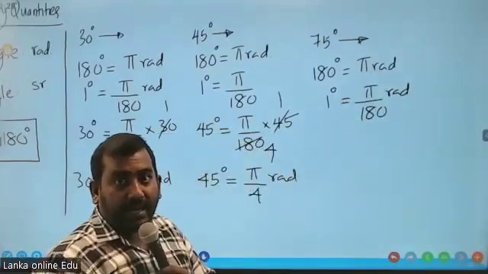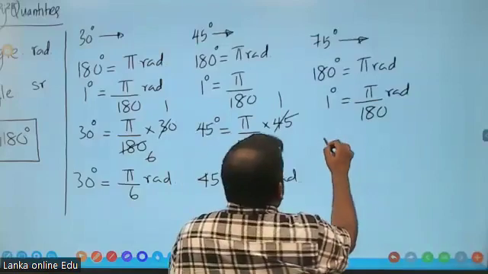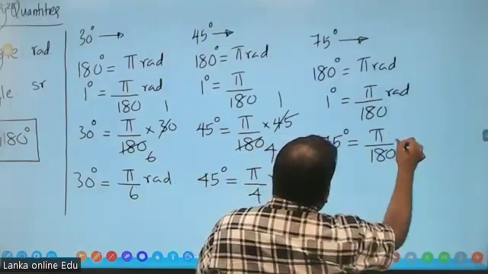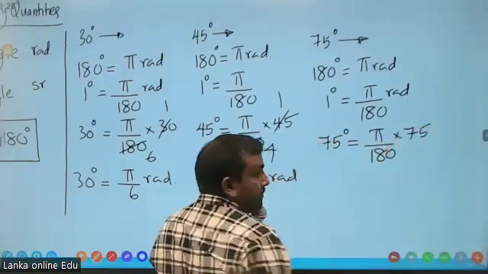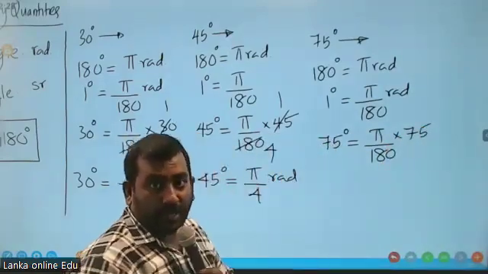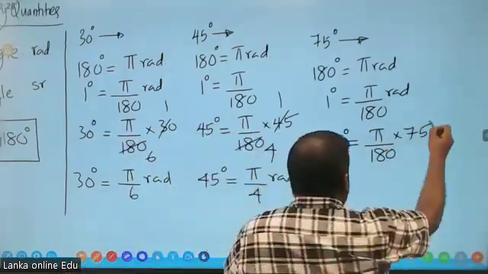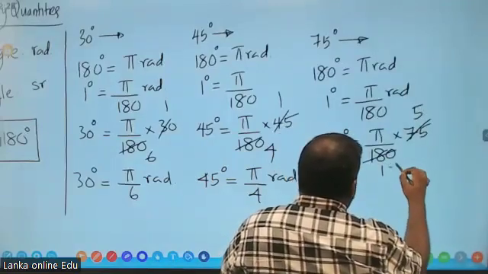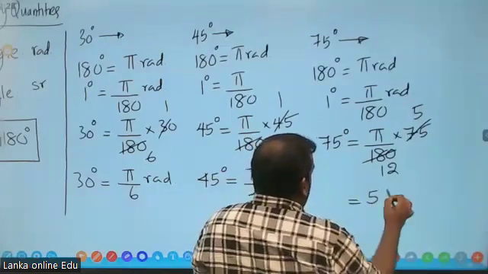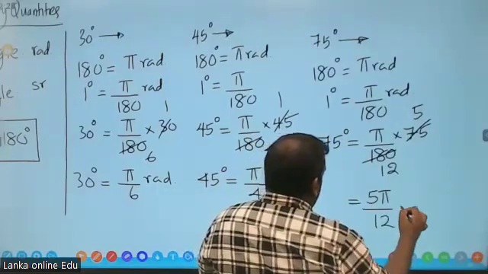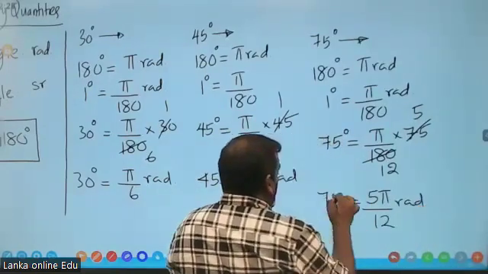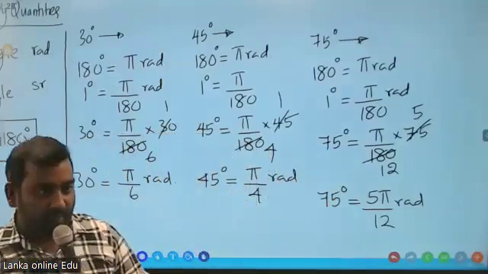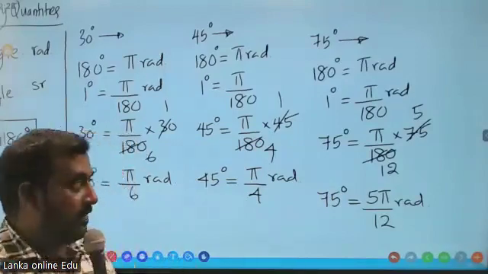Here 75 degrees is pi over 180 multiplied by 75. If you do the calculation, 15 times 5, 15 times 12, you will get 5 pi divided by 12 radians. So 75 degrees is 5 pi divided by 12.